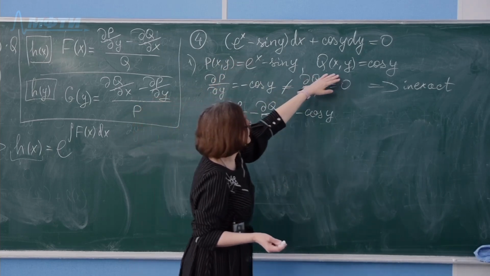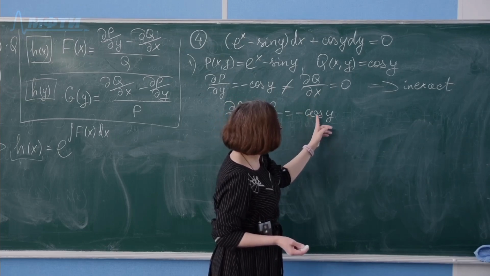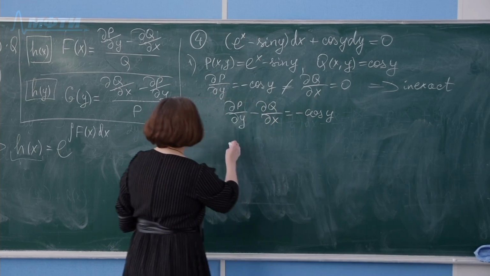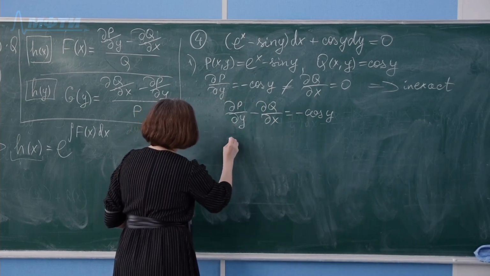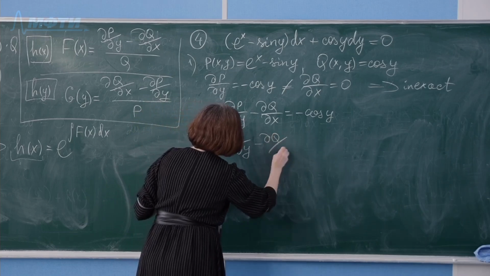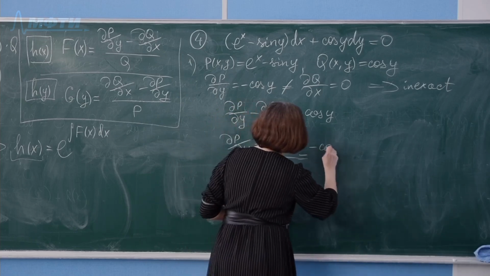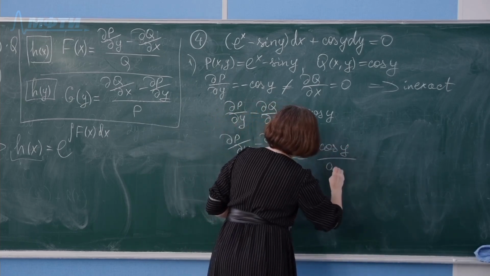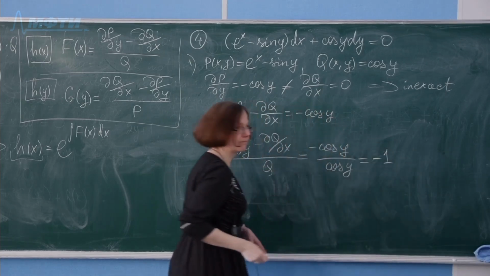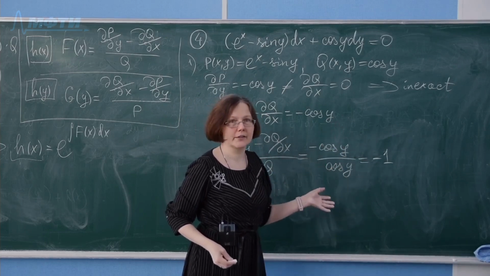But if we divide by q, we can see that y will be eliminated, right? So if we consider this expression, dp over dy minus dq over dx divided by q, we will get minus cos y divided by cos y, which is minus 1, negative 1. So we can see that the resulting function doesn't depend on y.